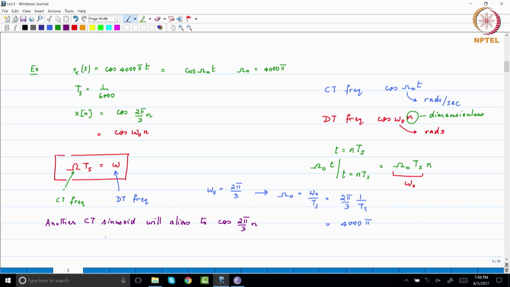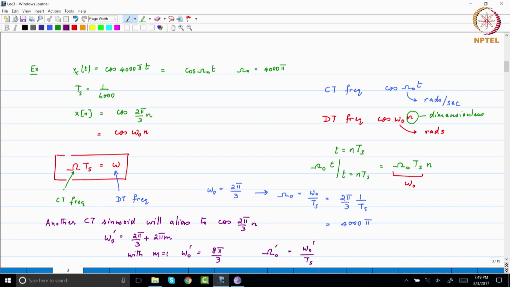So, this is a case where omega naught prime we will write as 2 pi by 3 plus 2 pi m. We chose m equal to 1. So, with m equal to 1, omega naught prime will be 8 pi by 3. Now, how do I convert it into the corresponding continuous time frequency? We know the relationship. So, omega naught prime will be equal to omega naught prime by Ts, same sampling frequency.